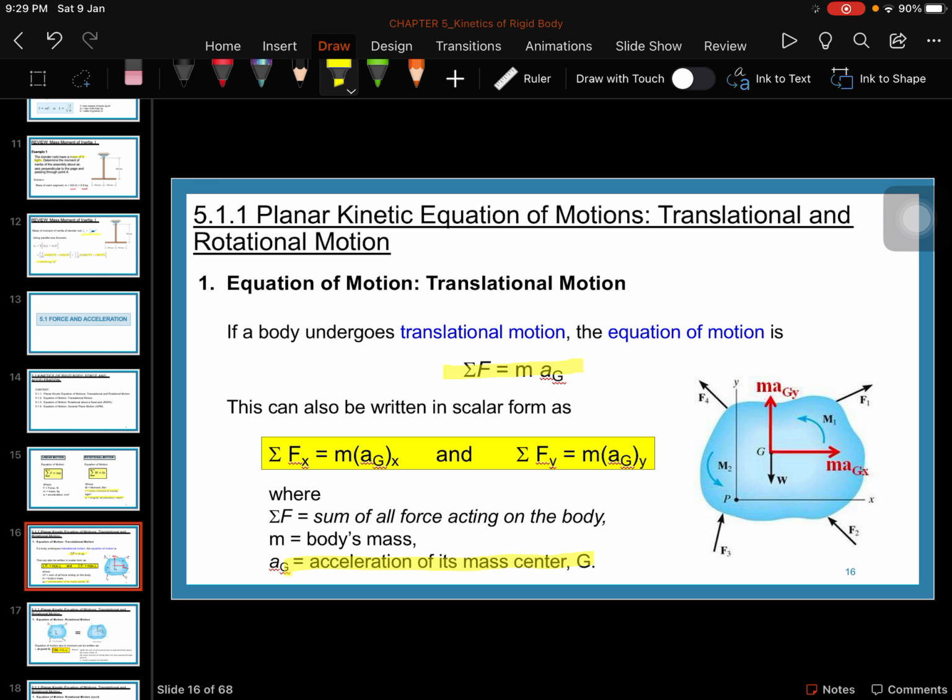As you can see in the picture, it's a rigid body, so m aGx and m aGy are at the center of the rigid body.